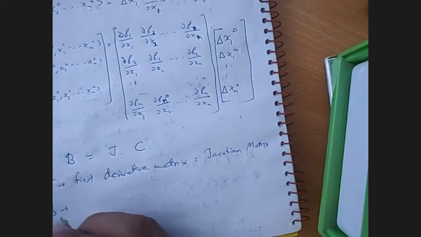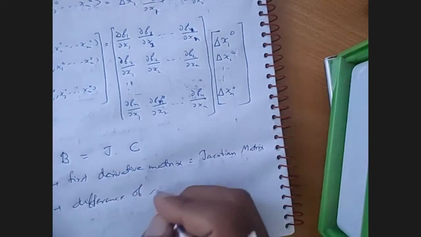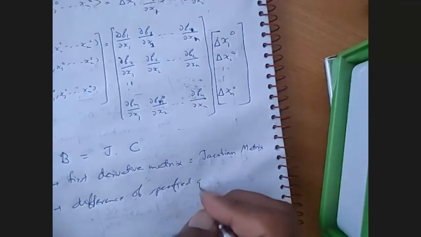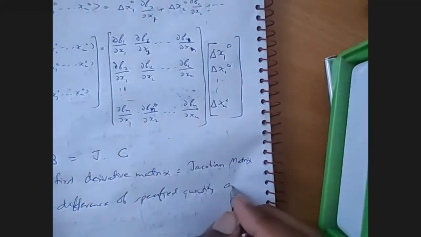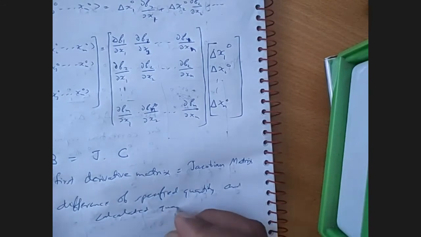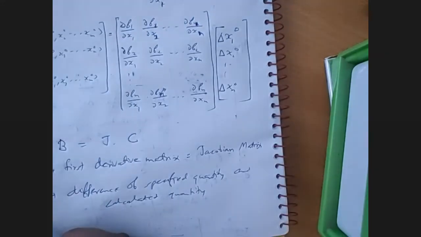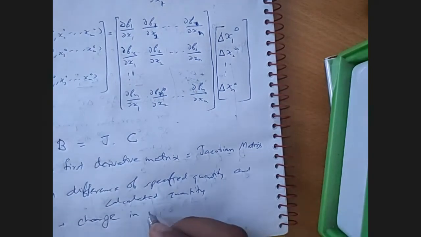B is the difference of a specified quantity and calculated quantity, and C is the change in solution.